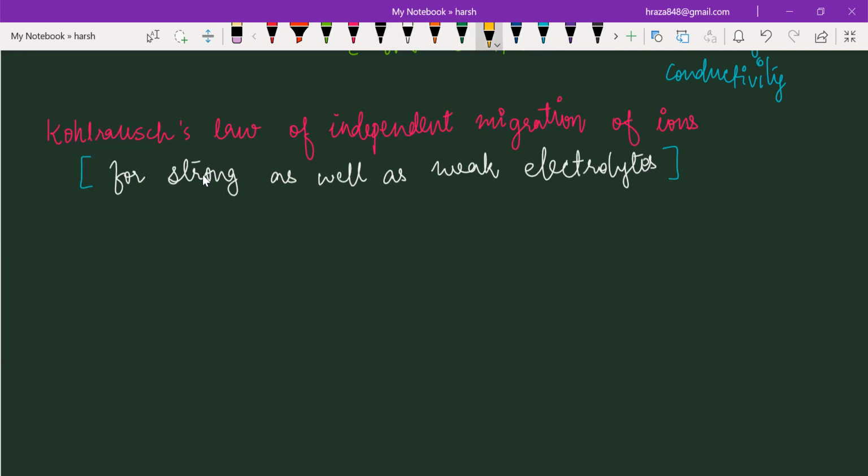Now you can see, this law states that, please write with me.